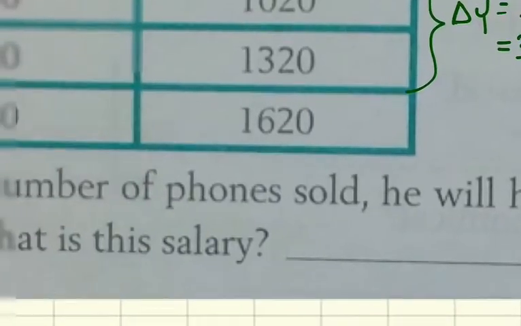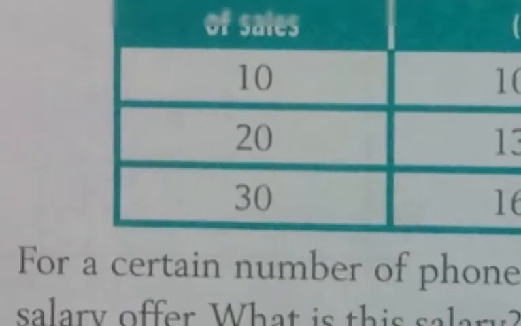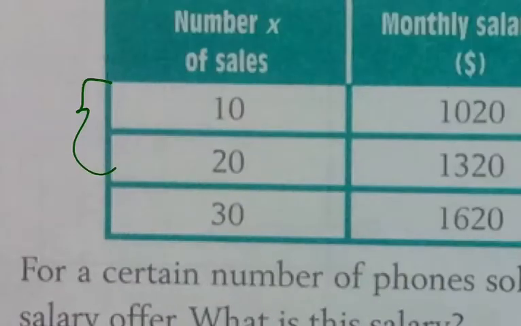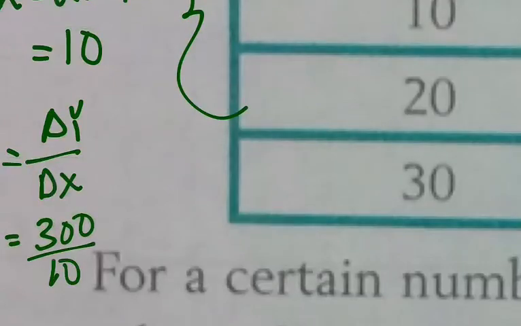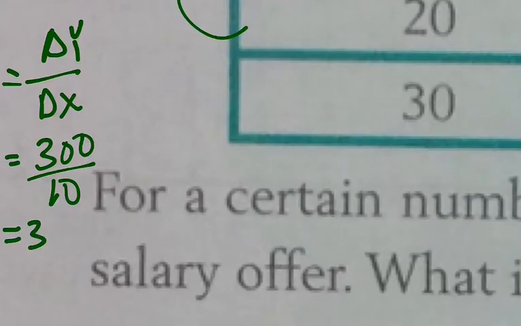And the delta X is going to be 20 take away 10, which is 10. So our slope is delta Y over delta X, 300 over 10, so that's 30.